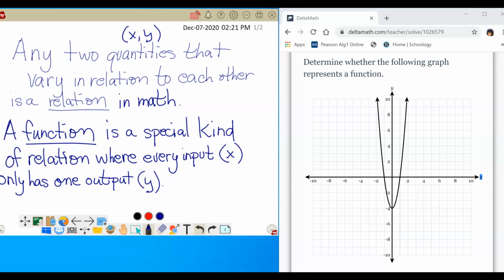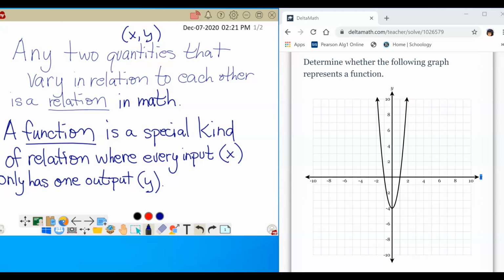So the first part of what I want to talk about is I want to describe that any two quantities, and when I say two quantities, I'm mostly talking about our coordinate plane, our x and y, okay?